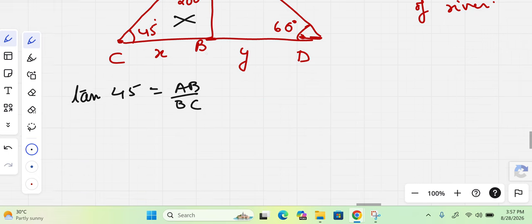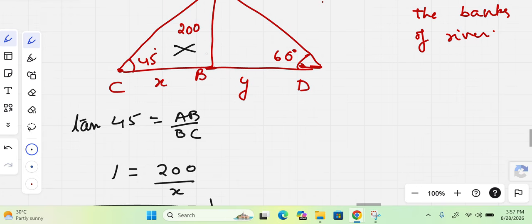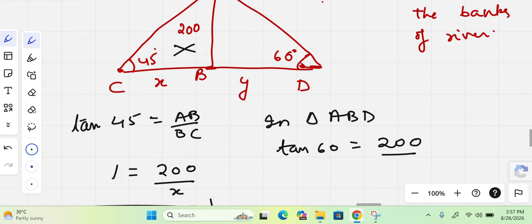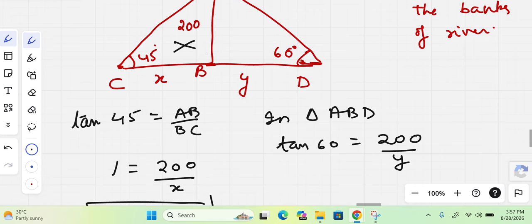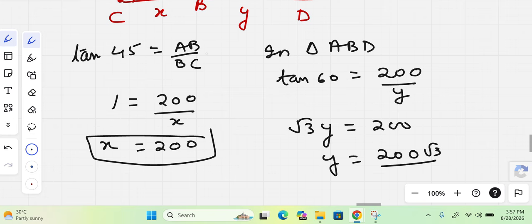So tan 45 is 1, AB is 200, BC is x. So x is equal to 200. Then one part is done. Then you will do another triangle, triangle ABD. Tan 60 equals 200 by y. How much is tan 60? Root 3. Root 3 y equals 200. Y is equal to... I think you guys have done.